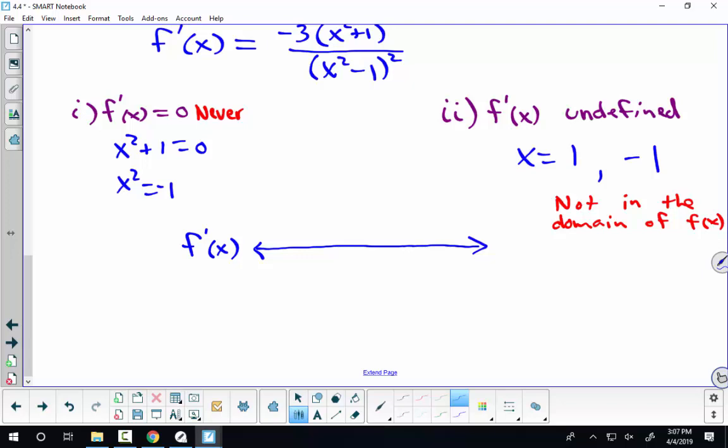We just have to remember on the original function itself, here at -1 there's a vertical asymptote, and at +1, there's a vertical asymptote. So that's giving us this implicit information.